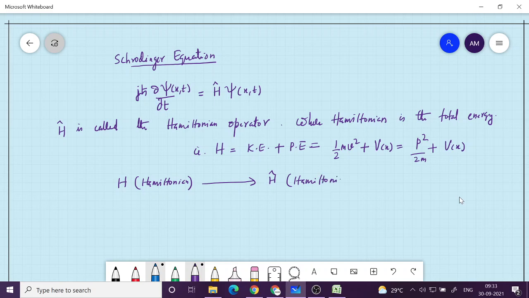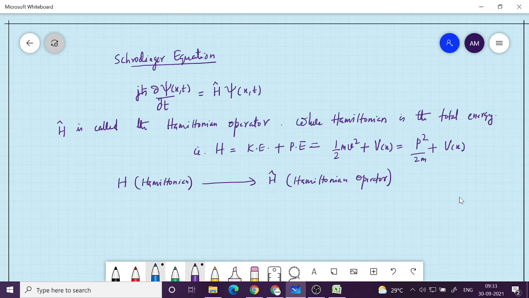So we need to change Hamiltonian to Hamiltonian operator. Don't worry about the term operator. It just means on wave function it will take things like derivative with respect to position, multiply with some function. So that's what operator means. Whereas H means just an energy, it's a scalar thing. Okay, p square by 2m plus V of x, that will be a scalar thing. Whereas H is something that can operate on a function.